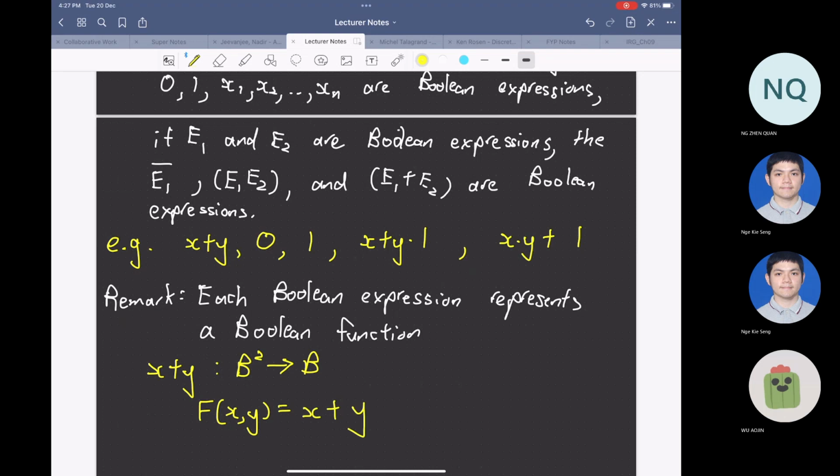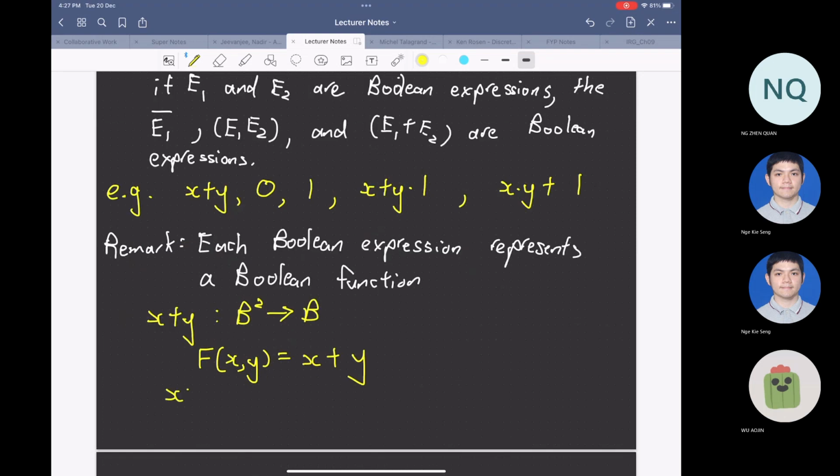Okay, so for example, if I take x equal to 0, y equal to 1, f(0,1) is what? What is f(0,1)? 1. 0 plus 1. What's 0 plus 1? 1. Okay. So it takes in two values and then gives you one value. This is what a Boolean function does. So yeah, makes sense.